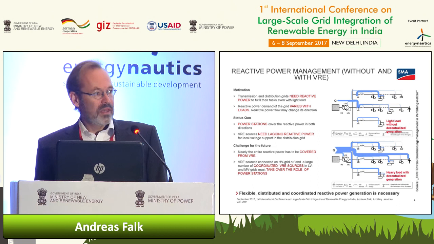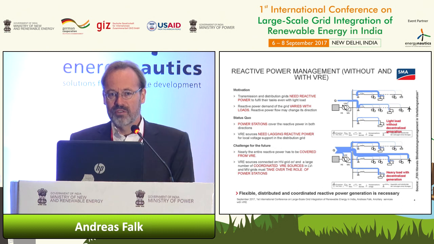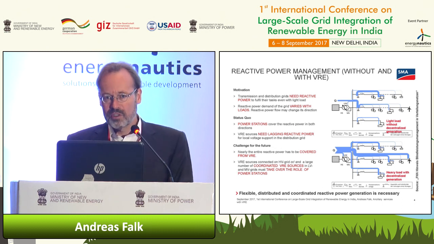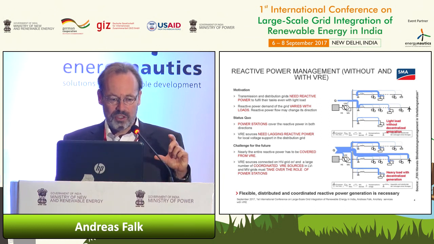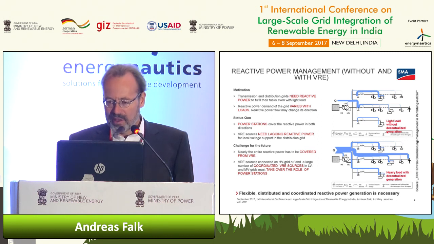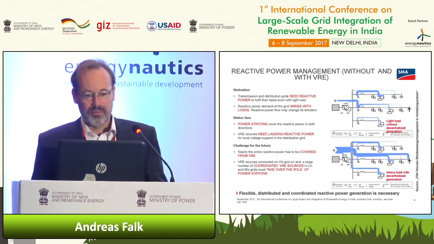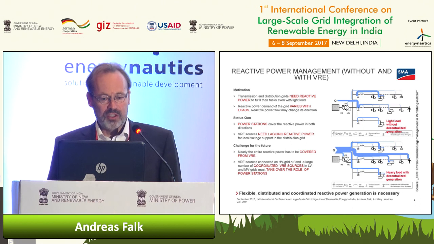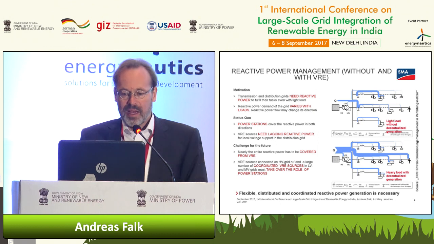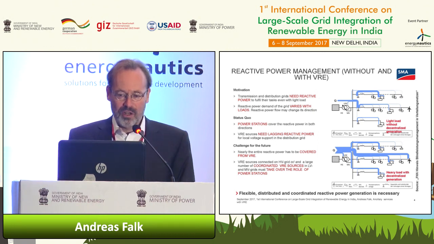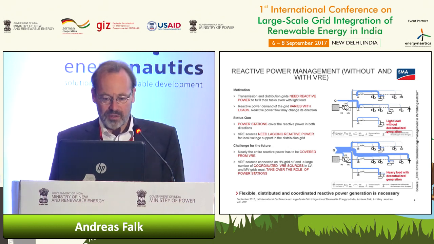Especially when you have heavy generation, many renewable sources have to reduce the voltage in the distribution net to keep the voltage in the band, and that increases the need for reactive power from the transmission grid. So what we have seen is the power stations have to cover the reactive power in the moment, and the direction of reactive power may change for different situations.